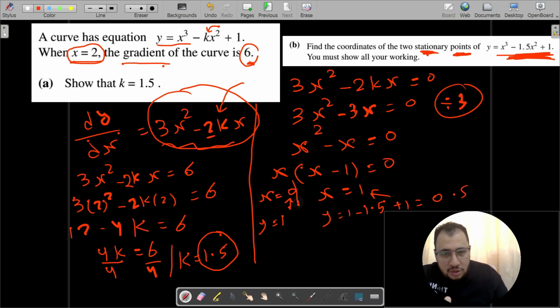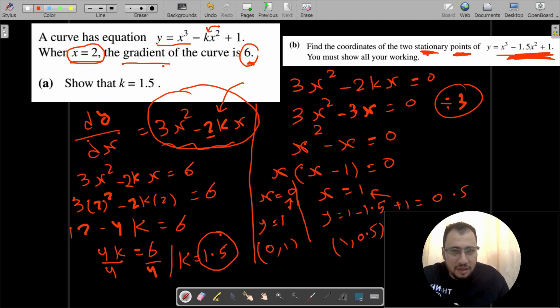Which means the two stationary points are (0, 1) and (1, 0.5). And that's it for this question.